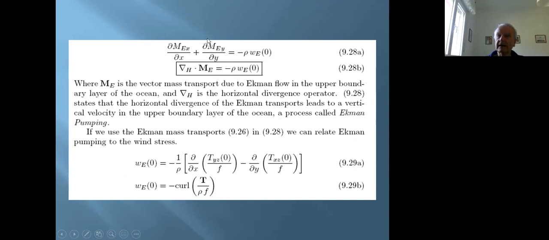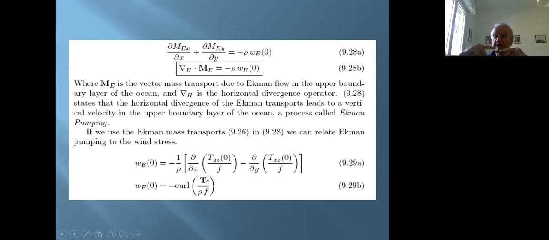But then we succeeded in connecting this Ekman layer divergence to whatever is happening in the wind field, therefore the curl of the wind stress.